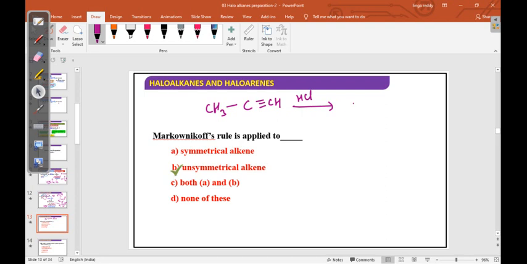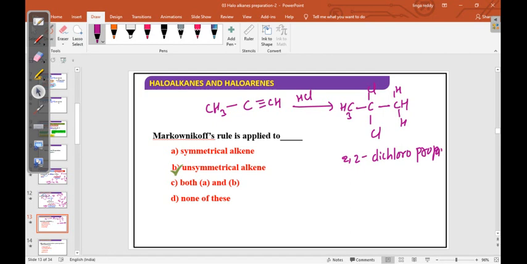See, according to Markovnikov rule, where fewer hydrogens are there, there the chlorine is attacking. So here hydrogen and hydrogen. So you will get 2,2-dichloropropane.